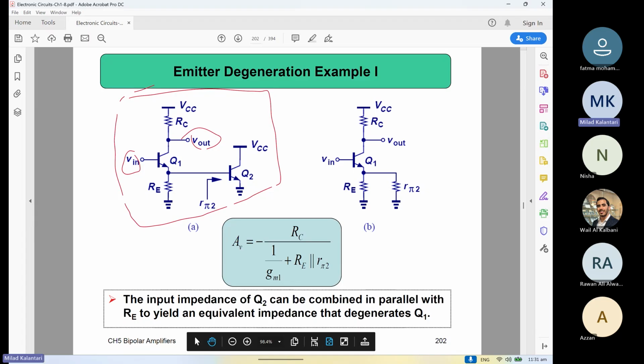First of all, we need to find the DC currents of each circuit, right? Let's say there is some IC1, for this one IC2, some bias. Then what do you do? What is the next step?